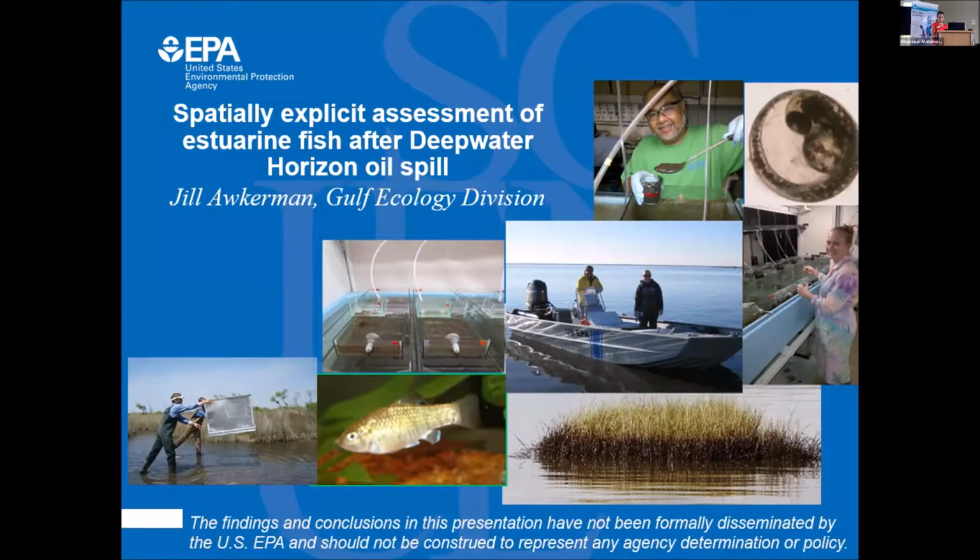Some of her projects have included evaluating indirect effects of pesticides on songbird populations, translating toxicology data into ecologically relevant endpoints for amphibian populations, and simulating spatially explicit effects on estuarine fish populations following the Deepwater Horizon oil spill.